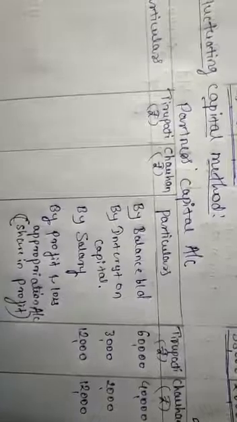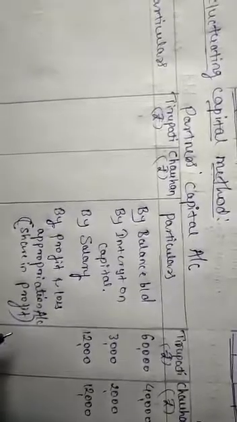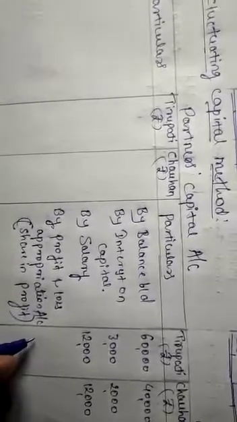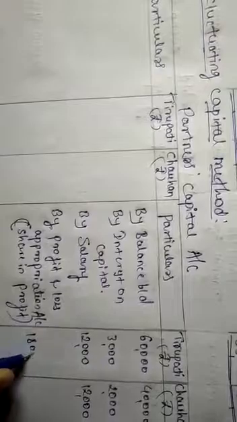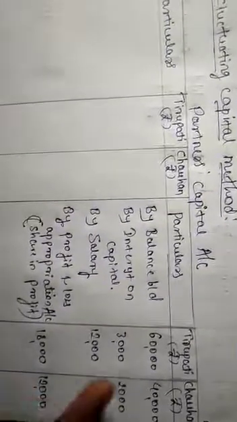We already calculated the share of profit for Tirupati and Chauhan. Tirupati's share in profit is 18,000 and Chauhan's profit is 12,000. So these all are the expenses which are recorded under the partner's capital account credit side.